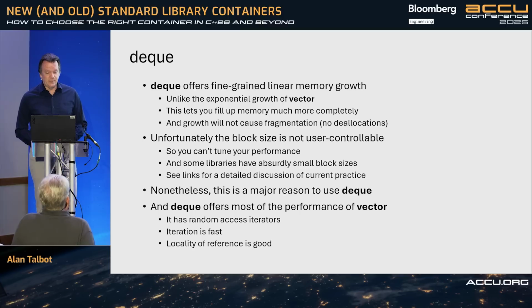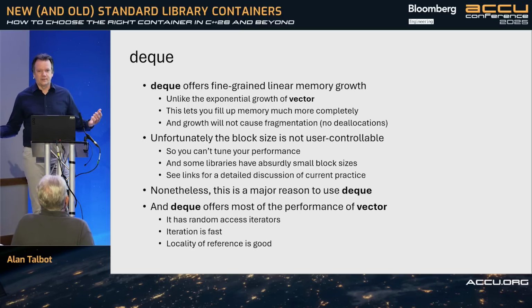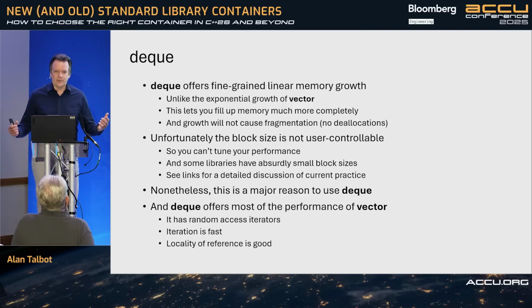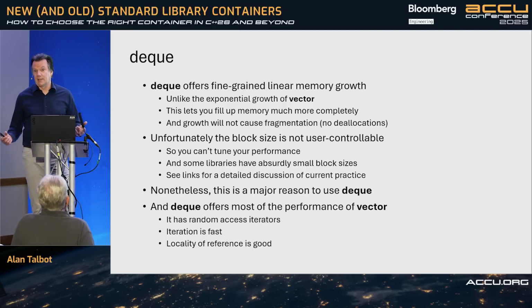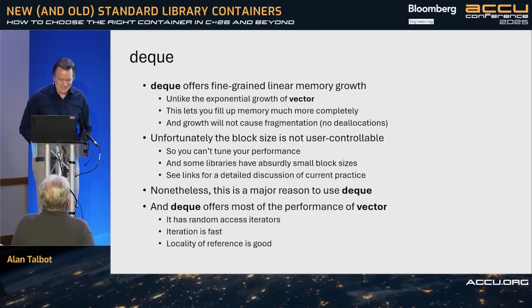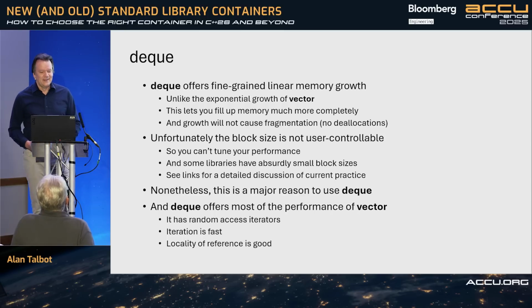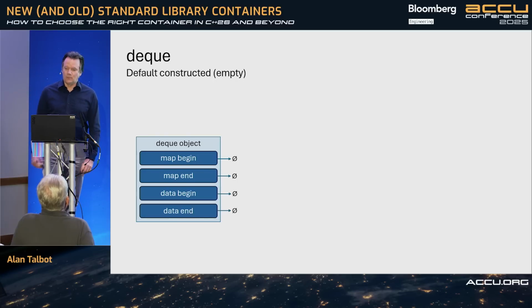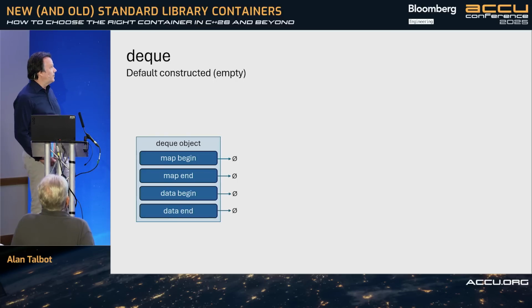Nonetheless, this is a really good reason to use deque because nothing else in the standard library has these properties. The only other thing you could use is something like a list, which fills memory with beautiful precision, but is incredibly slow for reasons we'll discuss later. Deque has random access, fast iteration, and good locality of reference. What's not to like?